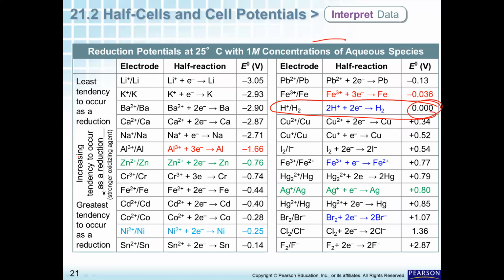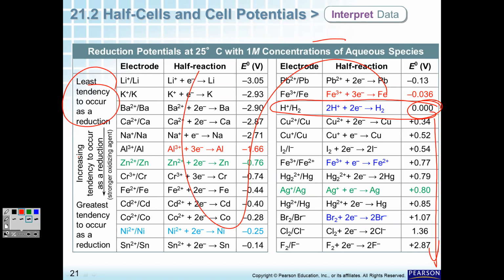That is with a 0 value. We have some positive values, which are going to be reduced, and we have some negative values that are going to be oxidized. As you can see here, as we go up here to the negative, high in the negative, it means the least tendency to occur as reduction. And the more positive, that is the one which will undergo reduction.